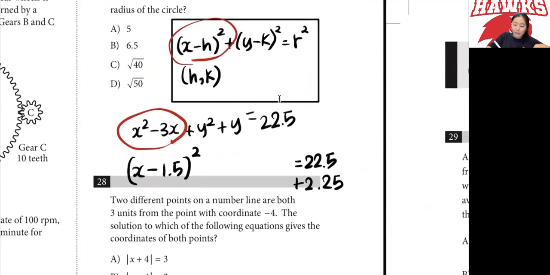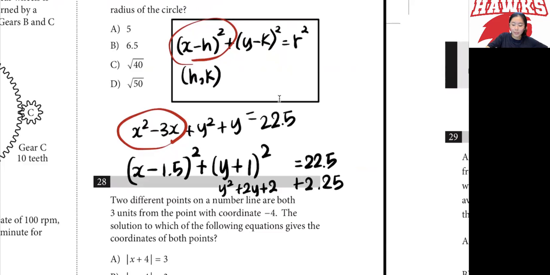And then the same goes for the y. In y's case, it's kind of easier. For y, we don't want the exponent, and negative k times 2 times y is going to be plus y. So it's going to be y plus 1 squared. We can check it by doing the reverse of the reverse: y squared plus 2y equals 2.